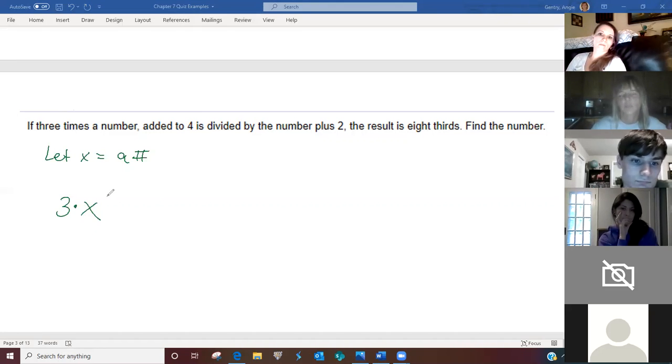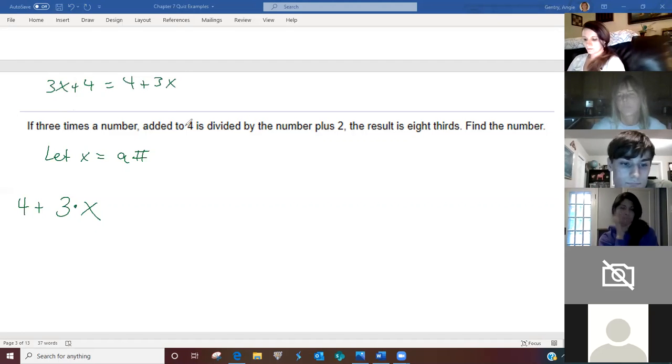You take 3 times a number, added to 4. And why is this important? It really isn't, because 3x plus 4 equals 4 plus 3x, you see. But if it said subtracted from 4, then it does matter. So I'm always going to follow the wording. Is divided by the number plus 2.